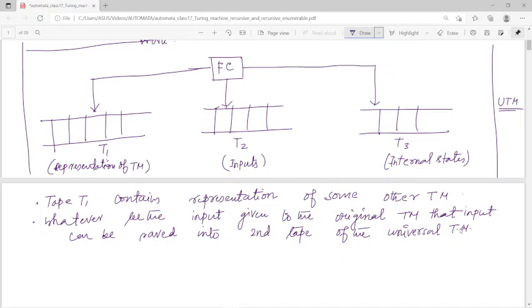That means tape T1 contains the representation of some other Turing machine, and whatever input is given to the original Turing machine is saved in the second tape, that is T2.